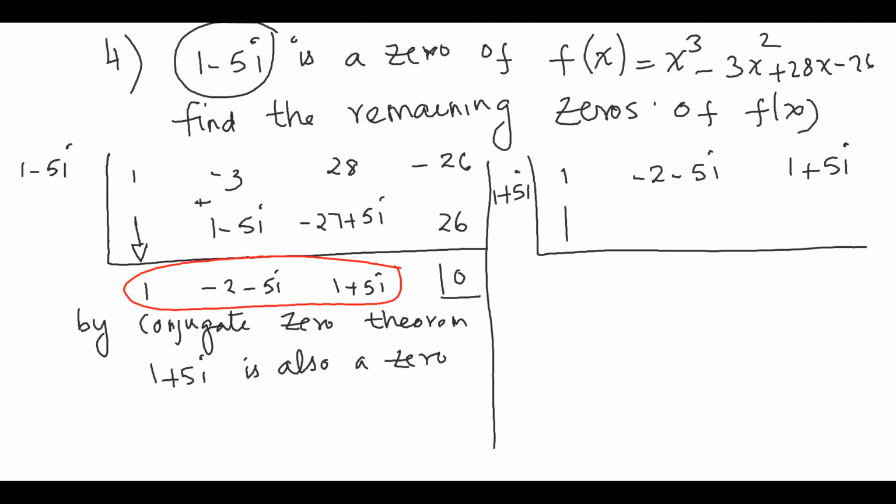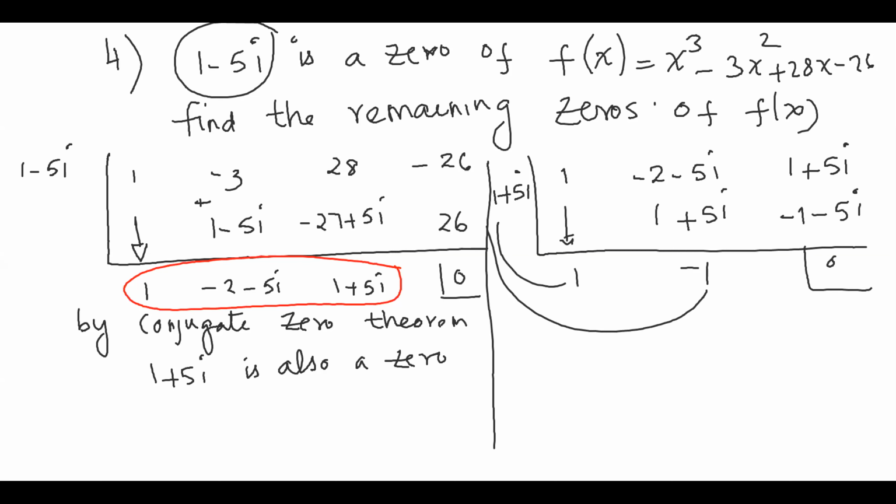So bring this one down. 1 times 1 plus 5i is 1 plus 5i. Adding gives negative 1. Negative 1 times 1 plus 5i is the opposite, which is negative 1, negative 5i. So the two get cancelled. So now we are left with 1.